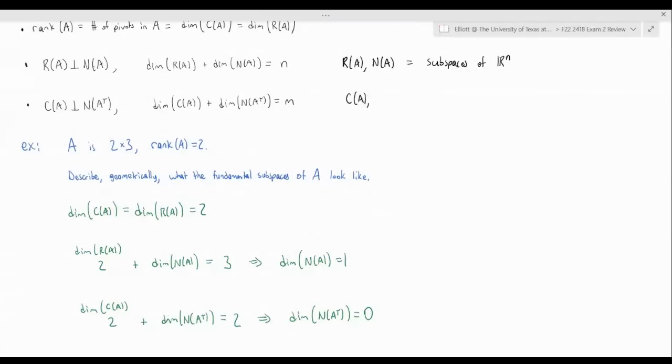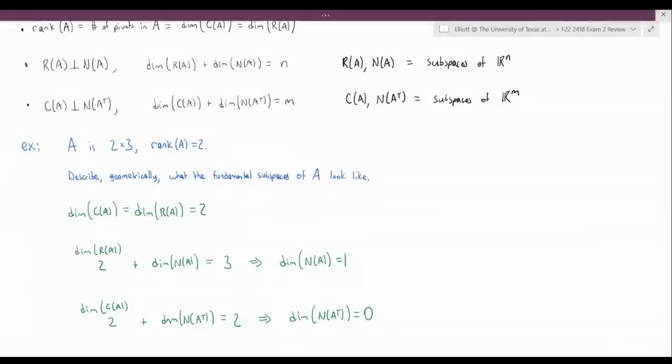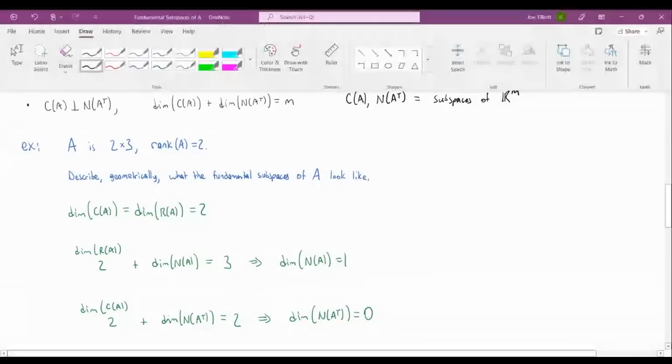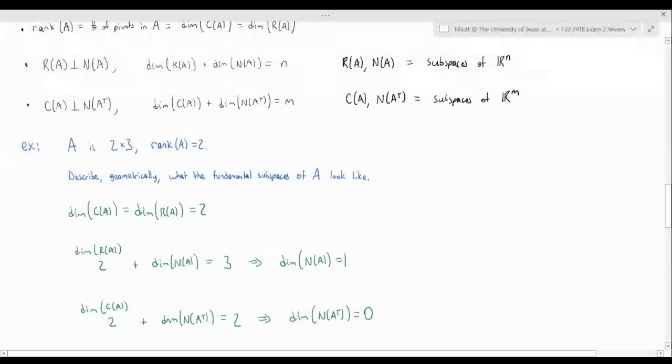And the column space and the left null space are always subspaces of Rm instead. So looking at what we have here, the dimension of the row space is 2, and it's a subspace of R3.